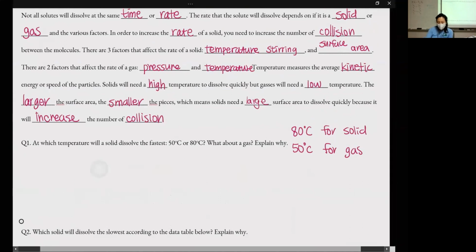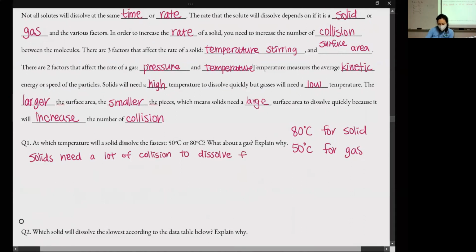So solids need a lot of collisions to dissolve faster, while gases need less collision to stay dissolved.